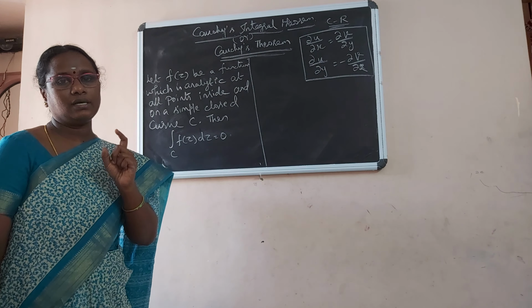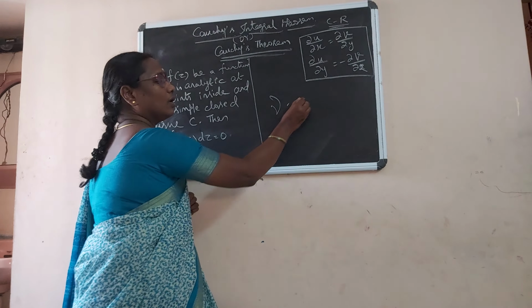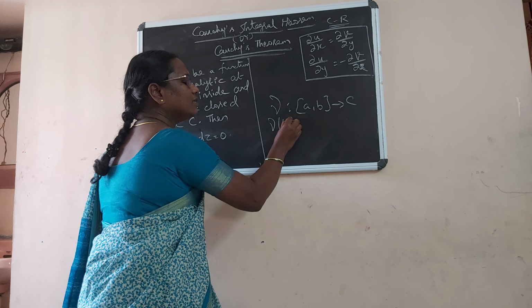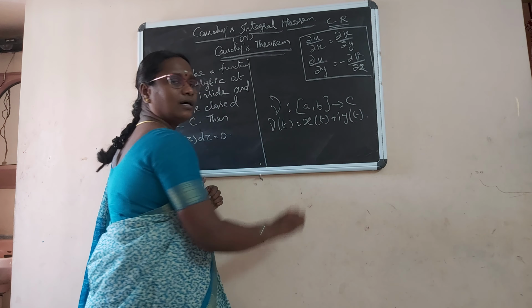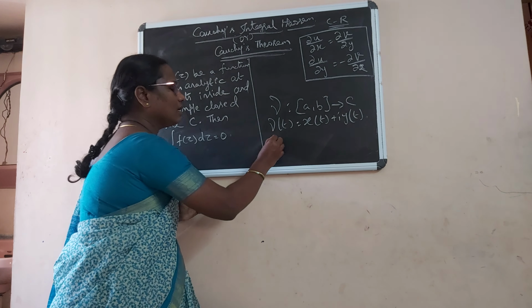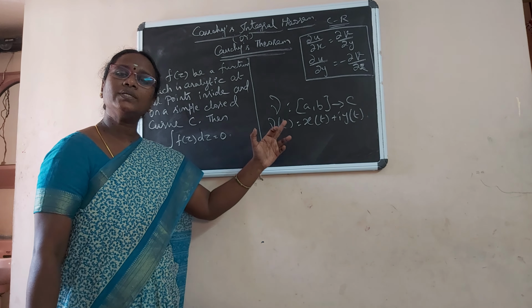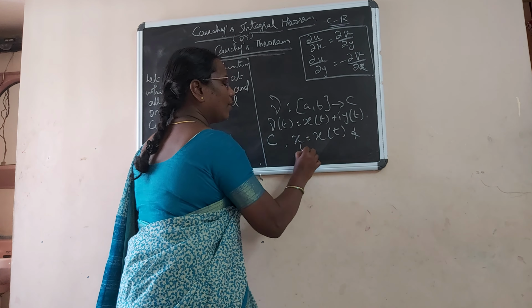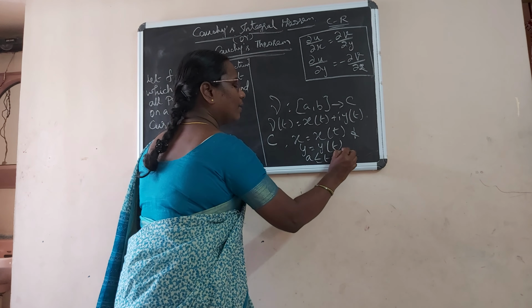A curve C in the complex plane is determined by a continuous complex valued function gamma from the closed interval [a, b] to C. If gamma of t is equal to x of t plus i into y of t, then the curve C is determined by the two continuous real valued functions x equals x of t and y equals y of t, where a is less than or equal to t less than or equal to b.